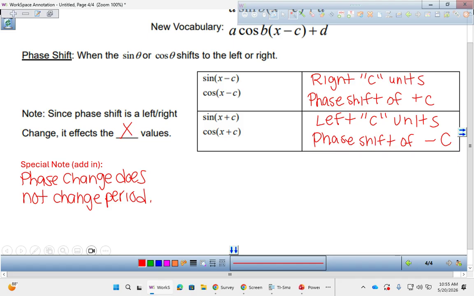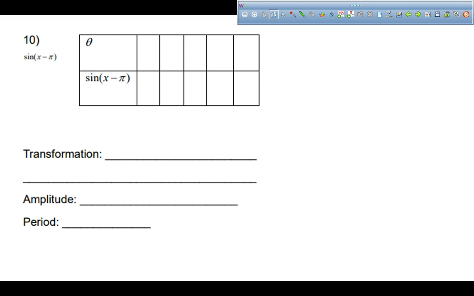Right? So the first few examples are just phase changes. They don't have any periods. They don't have any amplitudes. It's just a phase change. Okay? So for this one, sine of x minus pi. When I see a minus pi, this graph is actually going to move to the right. So it's going to be the exact same graph as the sine of x. The curve is going to look identical. It's just going to pick it up and move it.